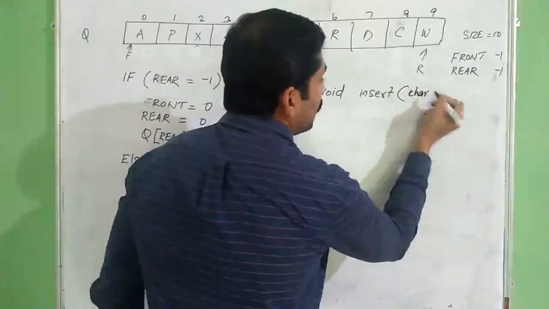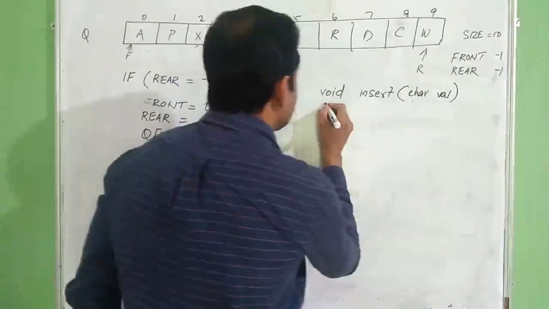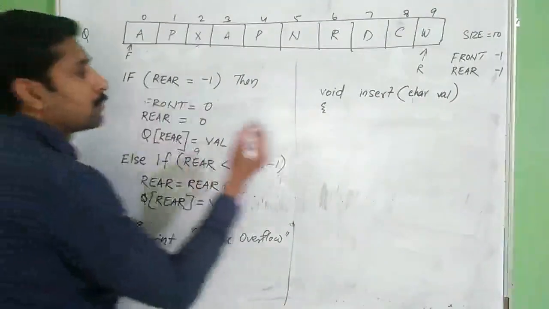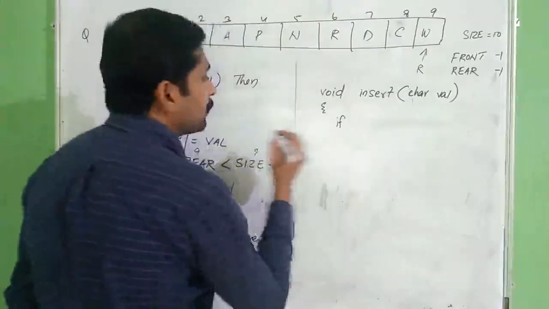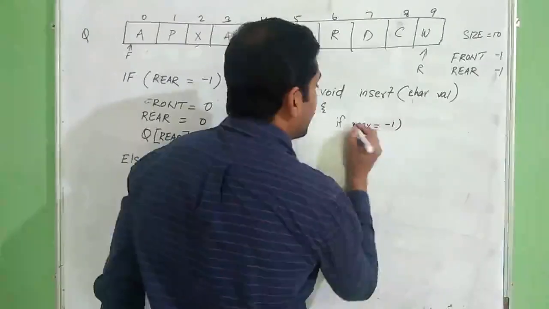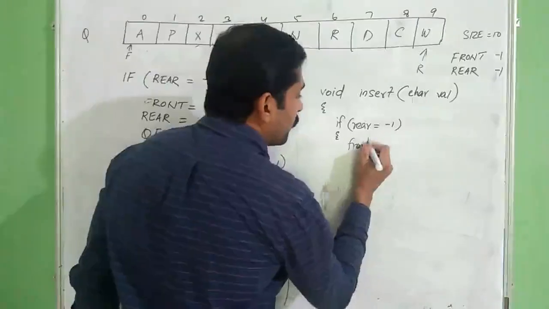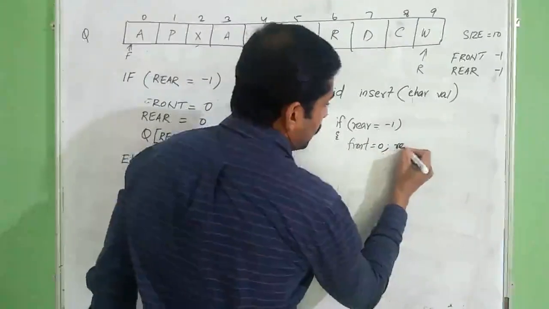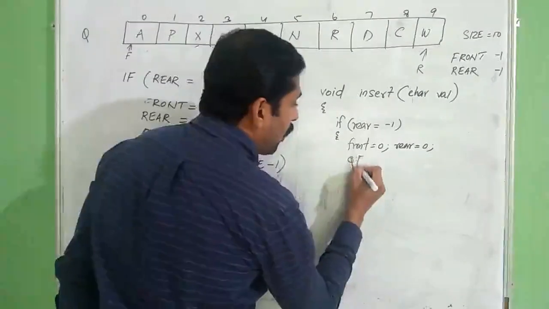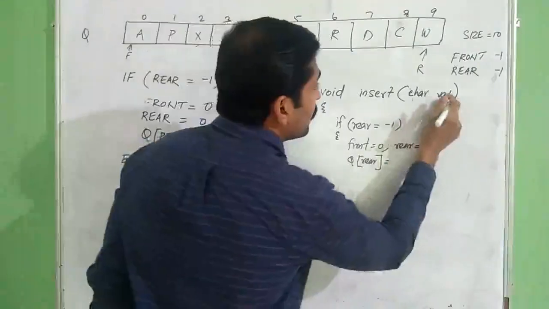We have a character value, char C. Okay. Now we have to check if rear equal to -1. If so, what we have to do? Front equal to 0, rear equal to 0, then q of rear equal to the value.